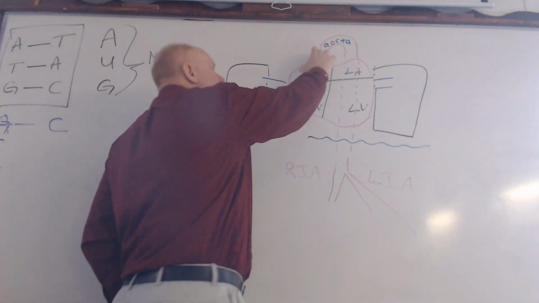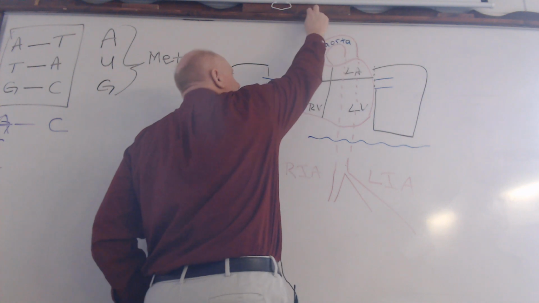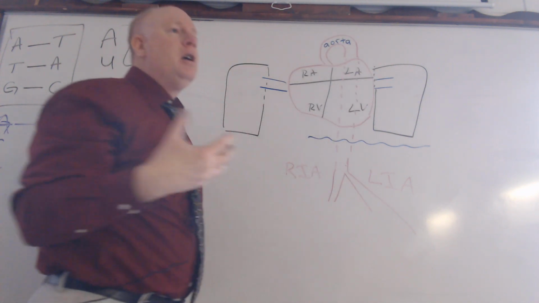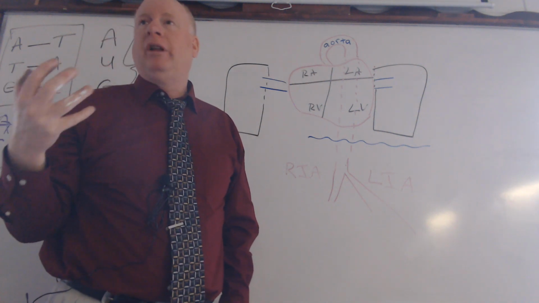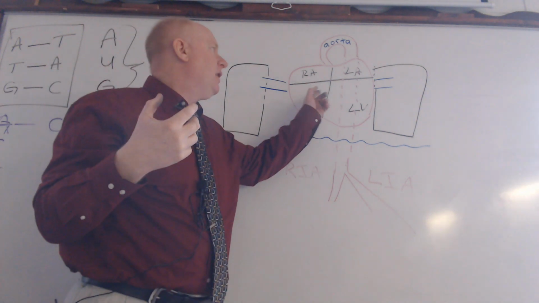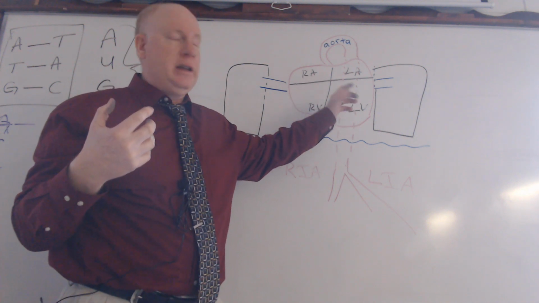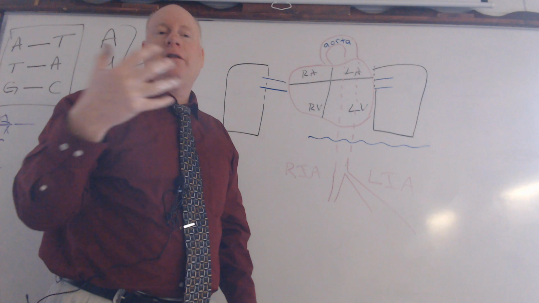So this is sending blood all the way up to the brain, to the arms, down to the chest, and to the legs. So which one is pumping blood further? Which chamber then, according to this diagram? Yes, this is sending through the entire system.